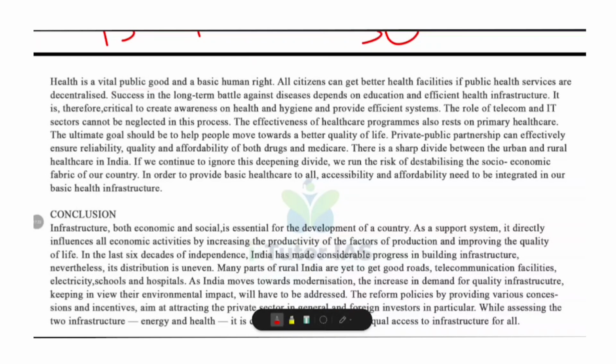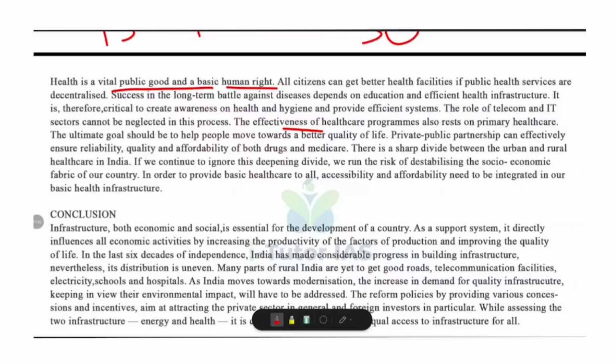So health is a vital public good and a basic human right. Decentralized public health services can improve access to all citizens. Education and awareness on health, hygiene and preventive care are critical. Efficient health infrastructure ensures long-term success against diseases.